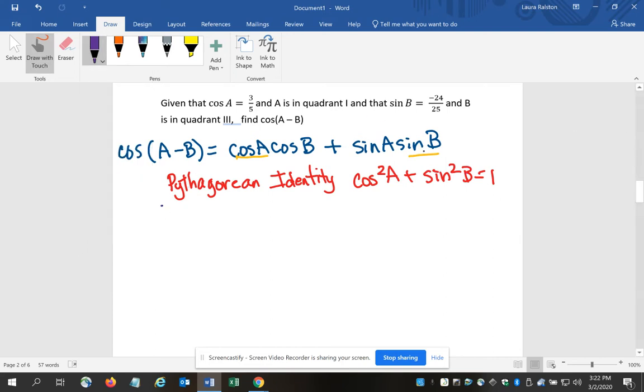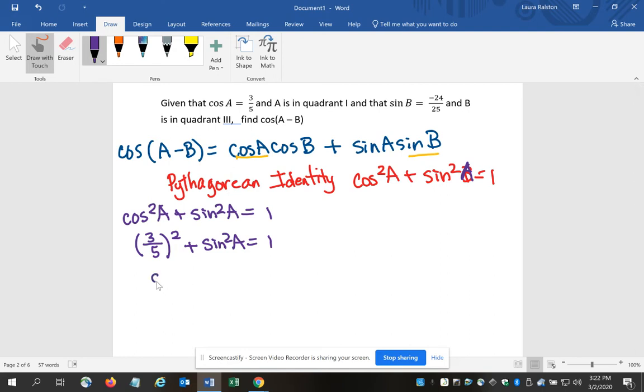sorry, I got this formula written wrong. It should be A. Okay, so I have cosine squared A plus sine squared A equals 1. Well, cosine of A is 3/5. So I'm going to have 3/5 squared plus sine squared A equals 1.